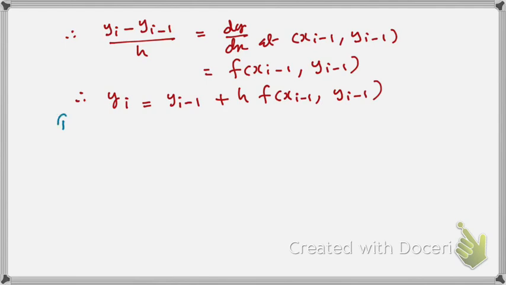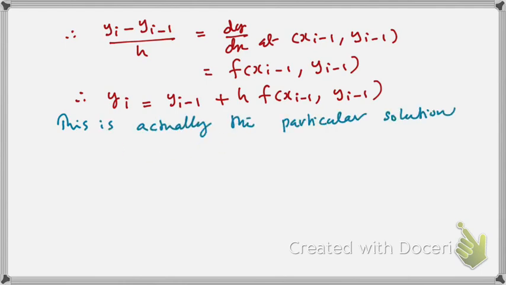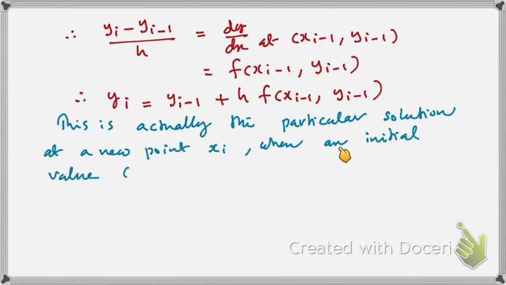Okay, so this is actually a particular solution at the new point xi, when the initial value xi minus 1, yi minus 1 is given. So we can find the particular solution to the given differential equation at any given point xi, like the 10 I was talking about, when the initial value 0 comma 1 is given.